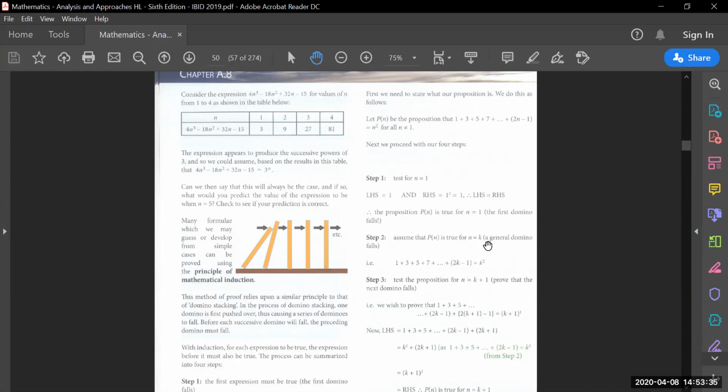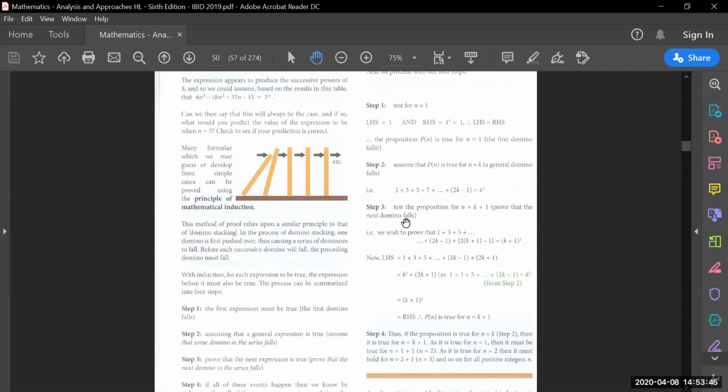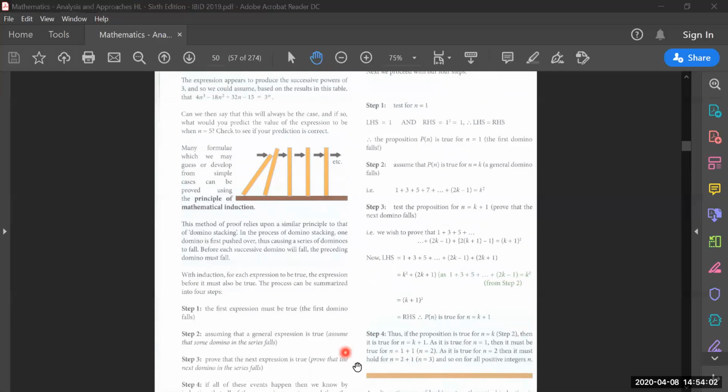The assumption is for the k term. There's no need to prove for the k term because we are assuming that it is true. Then the third step is to prove that the k plus 1 term will be true. Means for the k plus 1 term, we have to prove that left hand side equals to right hand side. Then finally, we can just do the conclusion.